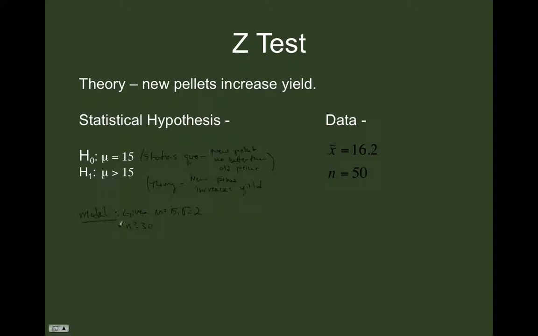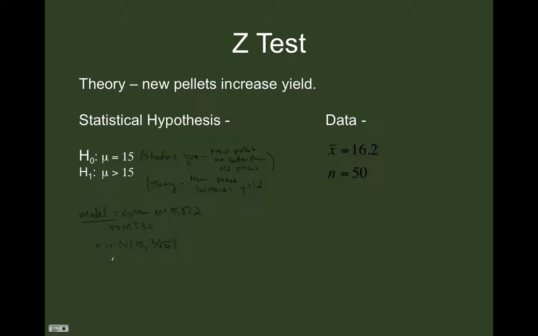N is 50, which is greater than or equal to 30. That means we can reasonably assume that X bar is normally distributed, with hypothesized mean 15 pounds, and then we're going to adjust the standard deviation because of the central limit theorem.